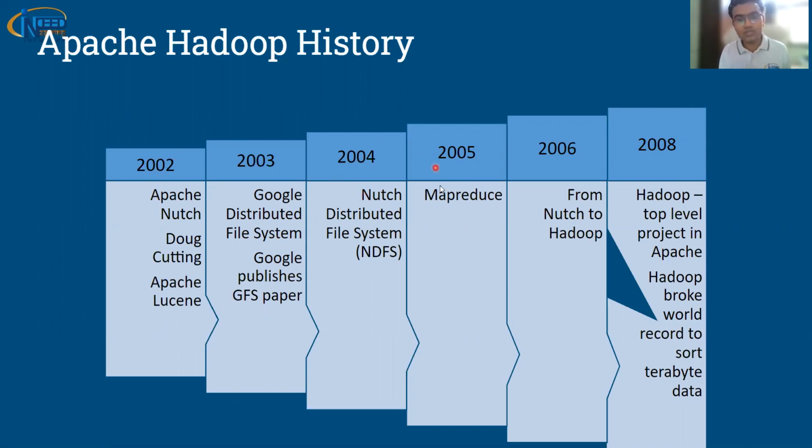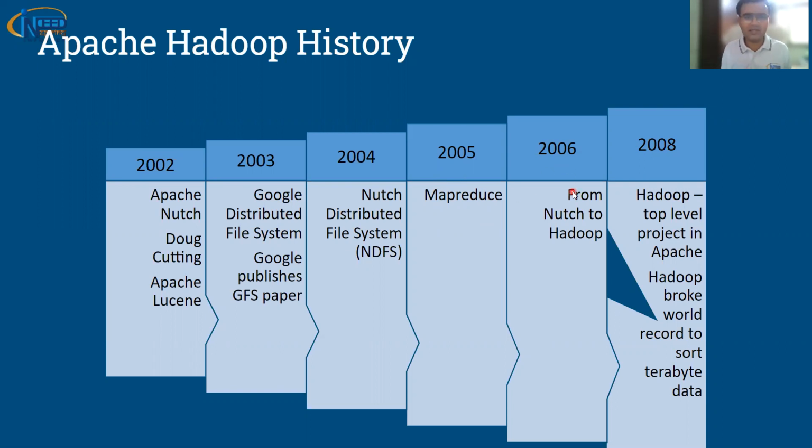After that, in 2005, they adopted MapReduce, again from Google's white paper. So the Nutch Distributed File System is the storage service, and MapReduce is the processing service, the way data will be processed. After that, in 2006, it went from Nutch to Hadoop.